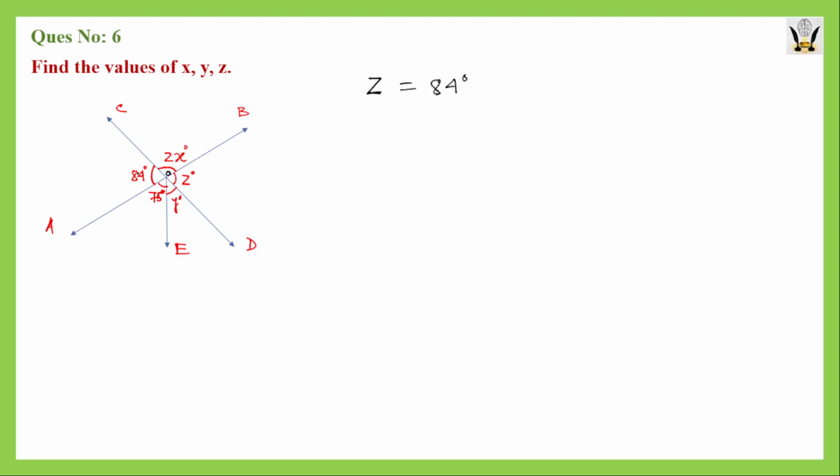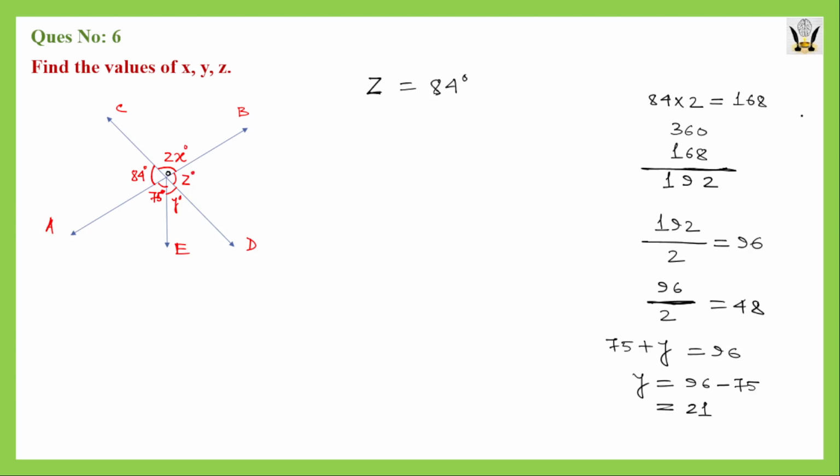Now 84 and this is also 84, so 84 plus 84 is 168 degrees. That means the summation of the other two angles will be what? Total angle is 360. So 360 minus 168 is 192. So the summation of these two vertically opposite angles, 2x plus 75 plus y, is 192, and they are equal, so 2x will be equal to 75 plus y.